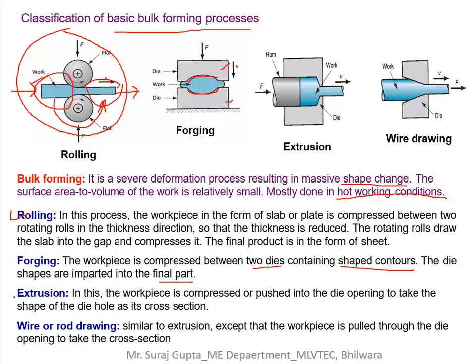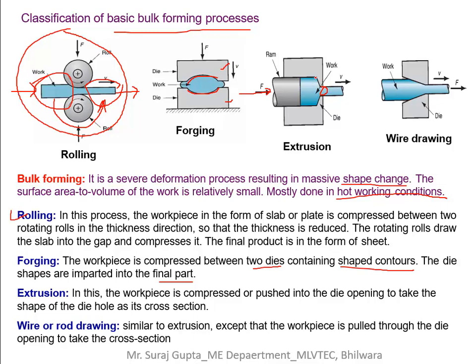The next one is extrusion. In this, the workpiece is compressed or pushed into the die opening to take the shape of the die hole as its cross section. We can see the force is applied in this direction to compress this material and push it out from this small space, so that it will form a rod.